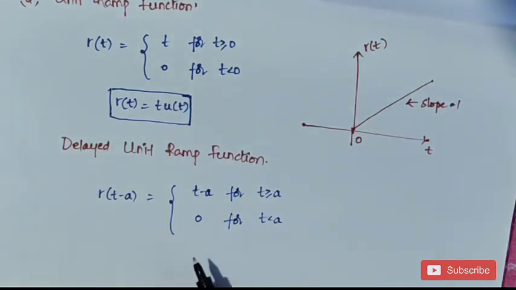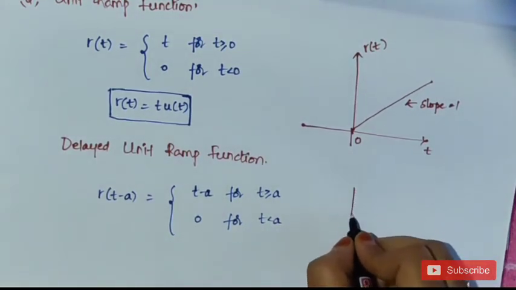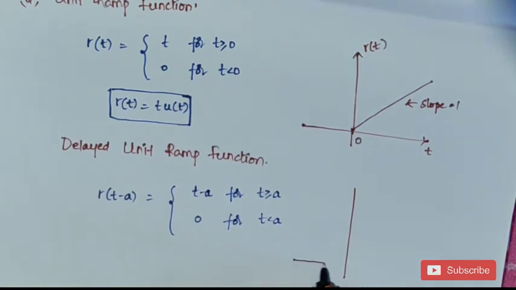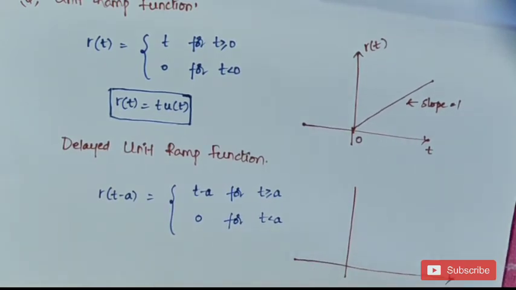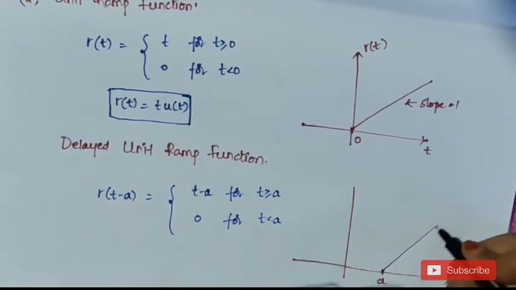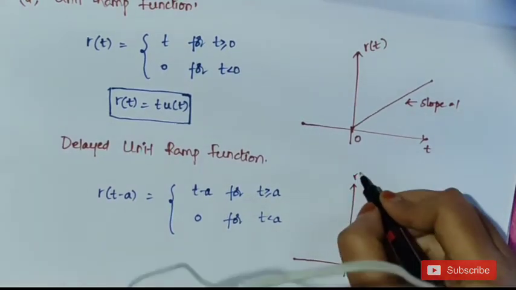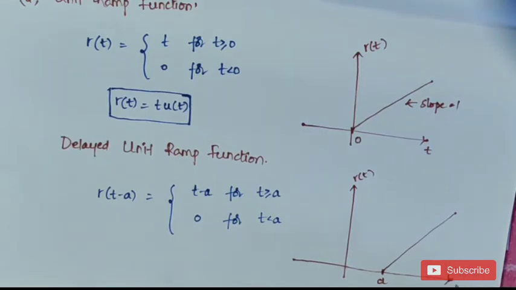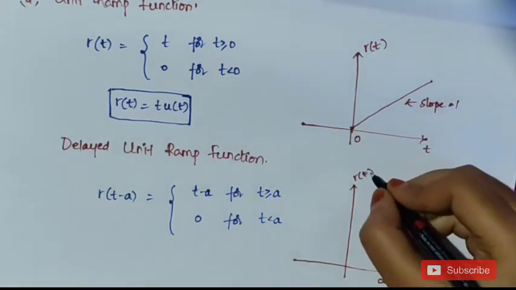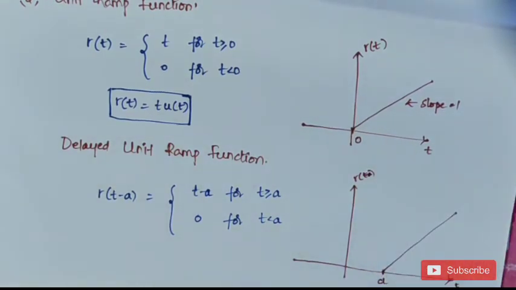It means the signal starts from a. Then the signal is like this. This is the signal r of t and this is the signal r of t minus a. Since it is a delayed ramp signal, it starts at a.